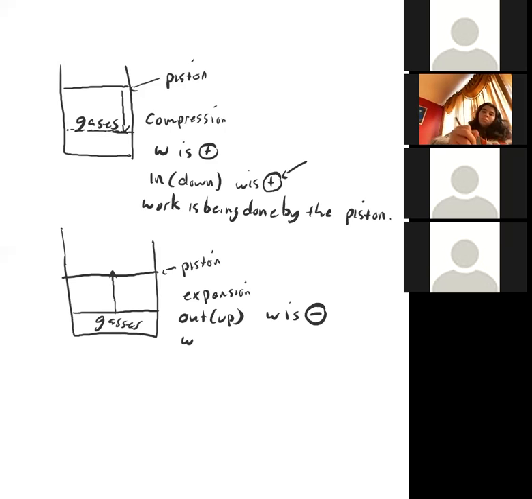And here we would say work is done on the piston. On the piston, and that would be negative. So let's go back to the previous one.